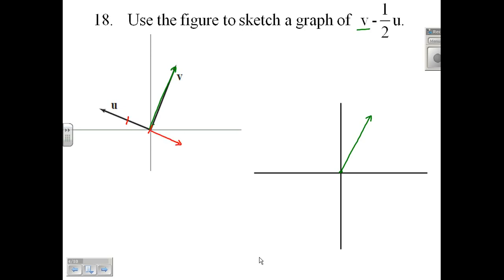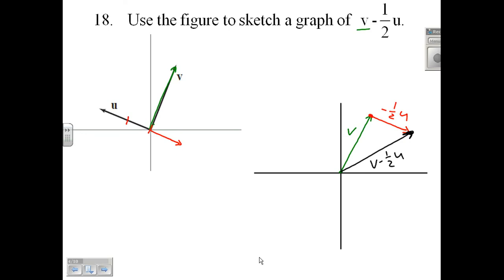So I would want it to be something like this, attached to here. So half u, if I can model that, might look something like this. So here's my minus 1/2 u. Here was my v, but my resulting vector is the same as just dragging the chair to right here, v minus 1/2 u. Really straightforward.